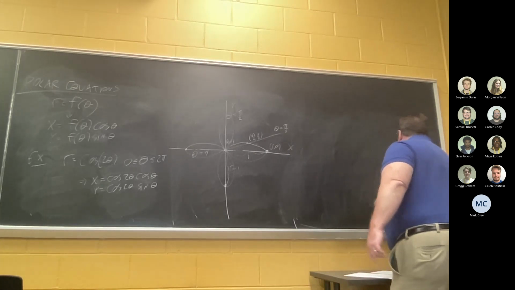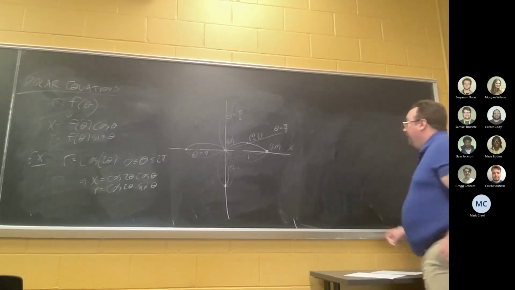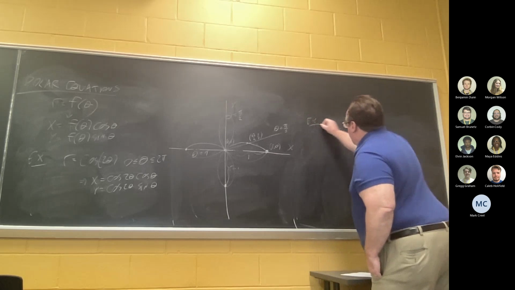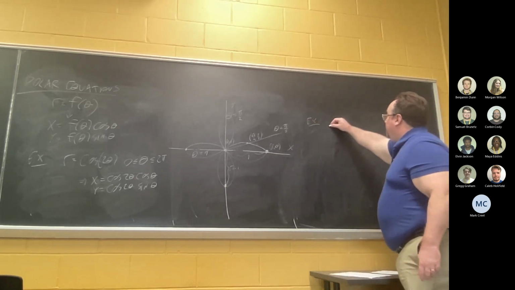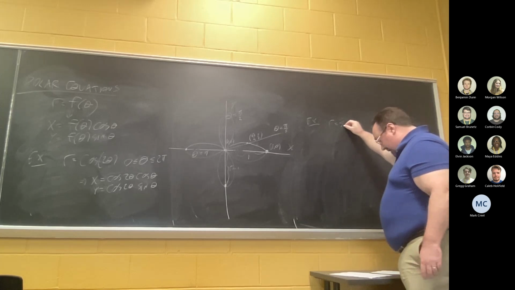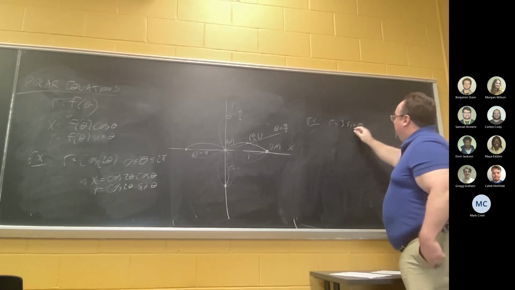Now, just as we want to be able to go back and forth between polar and Cartesian coordinates for individual points, we also want to be able to do the same for equations. So if you have a Cartesian equation involving x and y, how do you get a polar equation for that, or vice versa? Suppose we have our polar equation r equal to 3 sine theta.